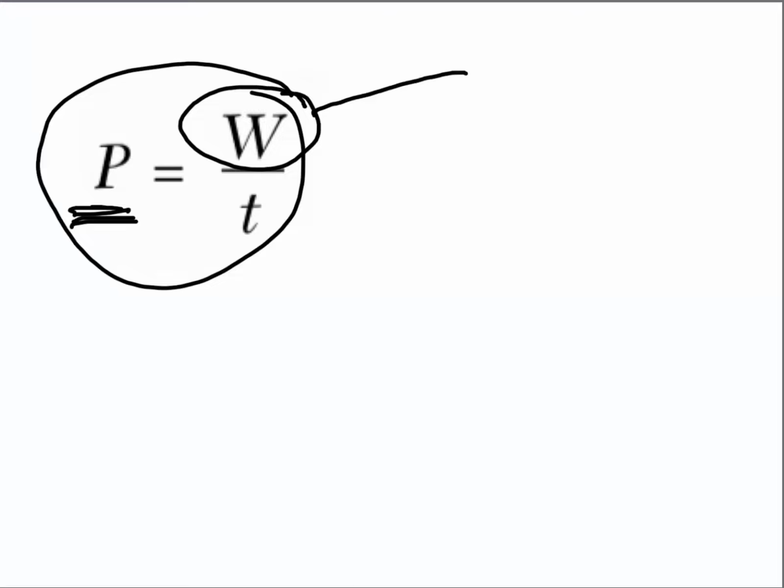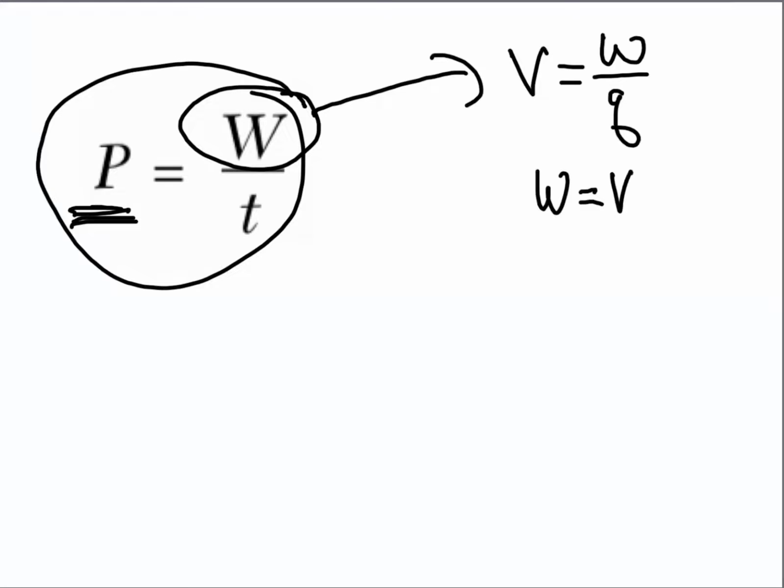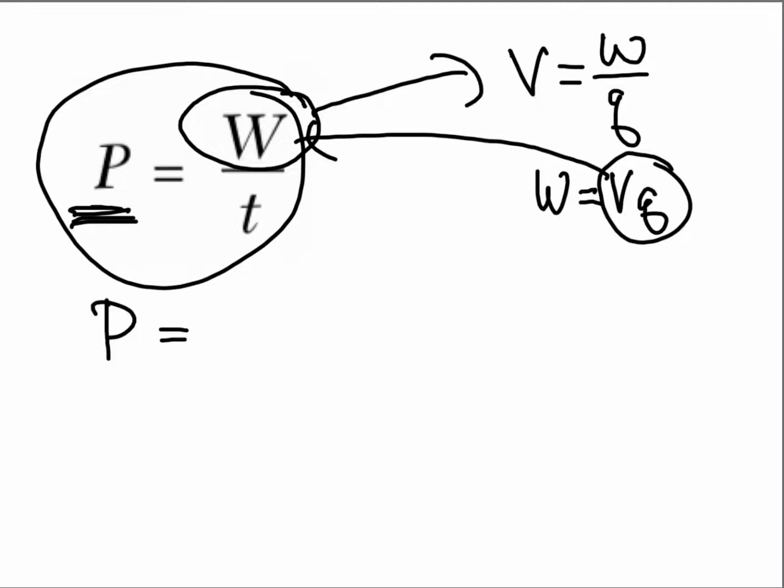We're going to remember that voltage, or potential difference, is work per unit charge. So then work is equal to voltage times charge. Now we can bring it back to the formula: P equals voltage times Q over T.